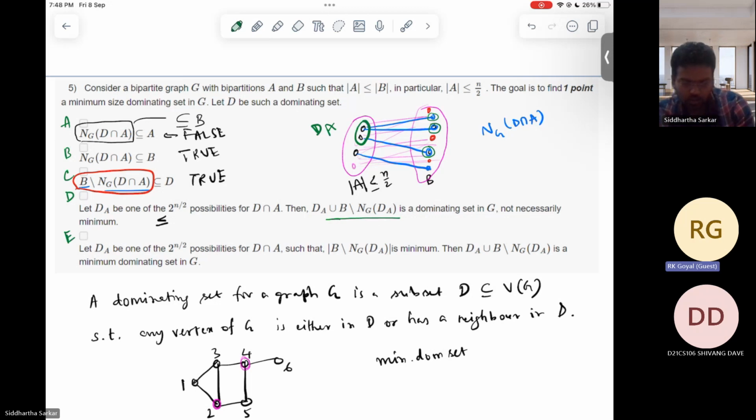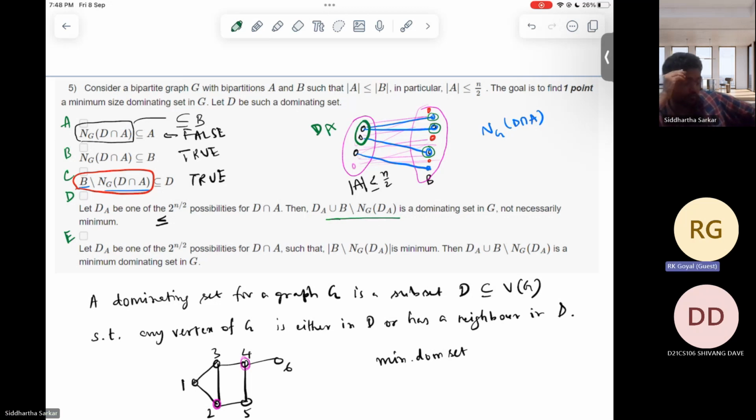So since the cardinality of the set B is higher than that of A, if I include all the elements of the set A as a part of the dominating set, in the worst case scenario, I would be left with something bigger minus n by 2 to be included, right?